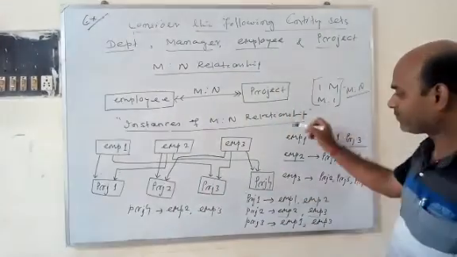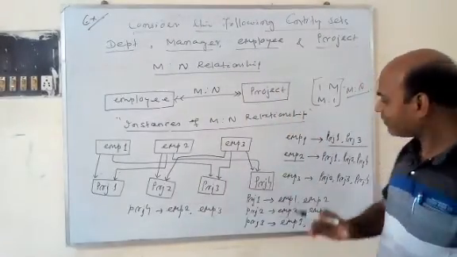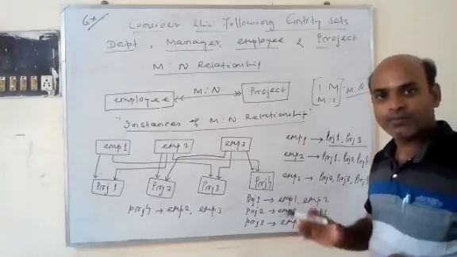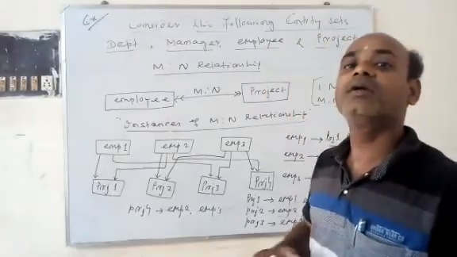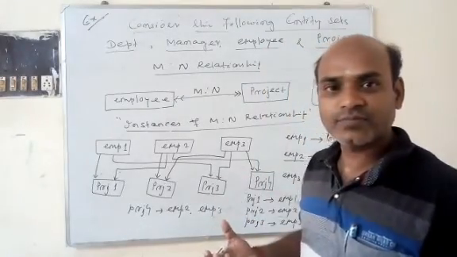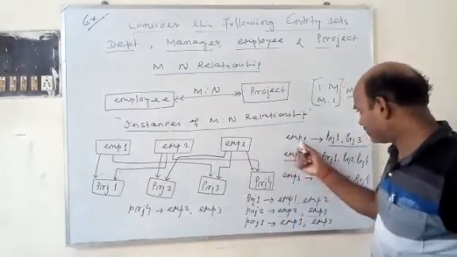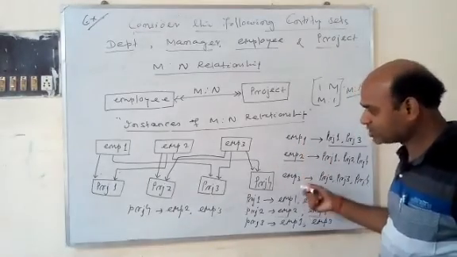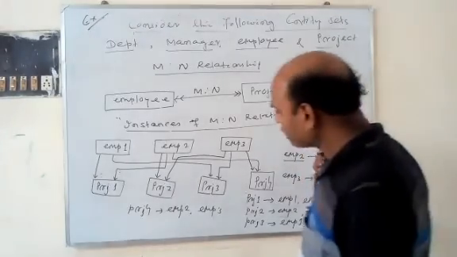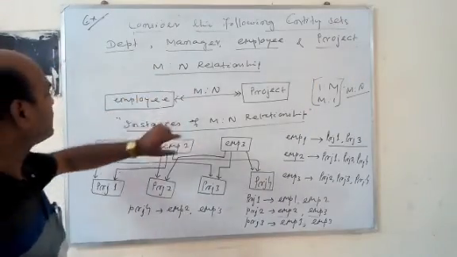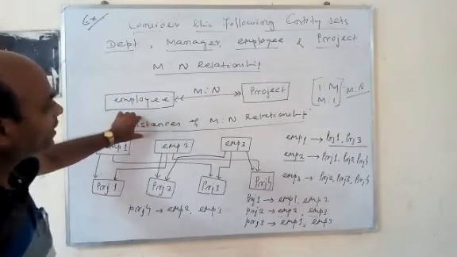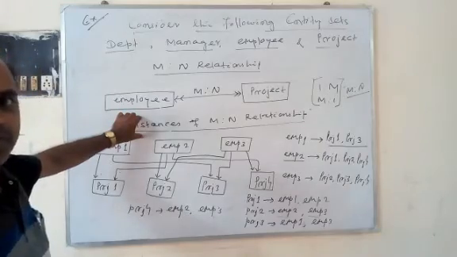What does it mean? It means several employees are working in several projects. So this relationship overall is the many to many relationship, or instances of this many to many relationship. Okay.